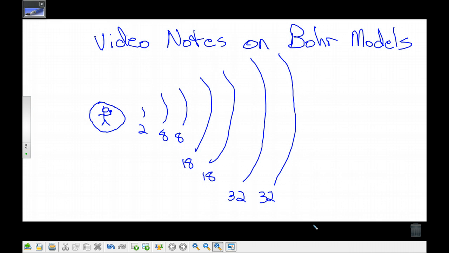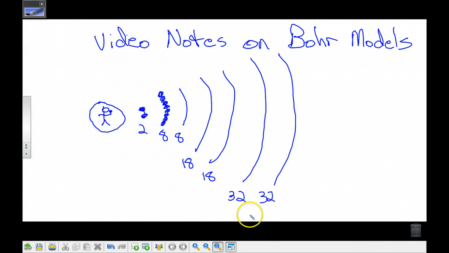Well, this is how many electrons will fit in every row of the electron energy levels. The first row will hold 2. The second row will hold 8. The third row 8, and so on and so forth. You need to know these numbers.